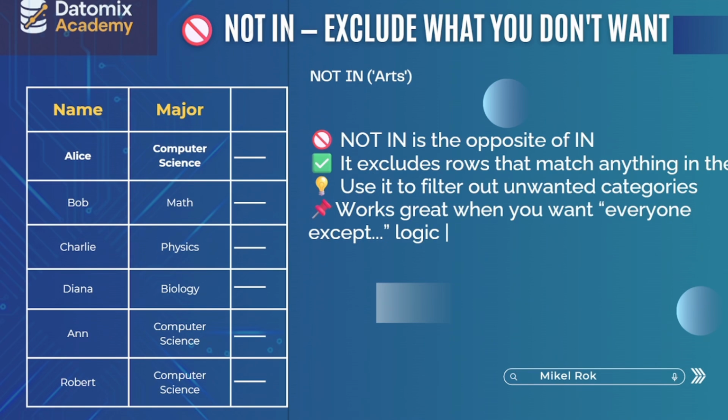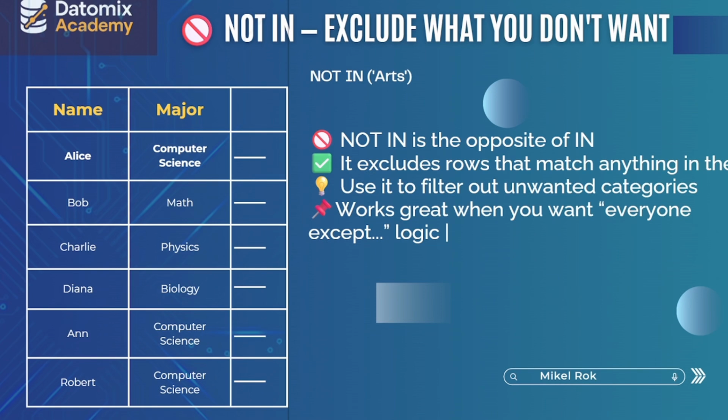And we are telling SQL to exclude all students in the arts major. Show me everyone else. So IN means yes if it matches any of these, and NOT IN means no, if it matches any of these, leave it out. These logical filters are super powerful and come up all the time when you are cleaning or exploring data.